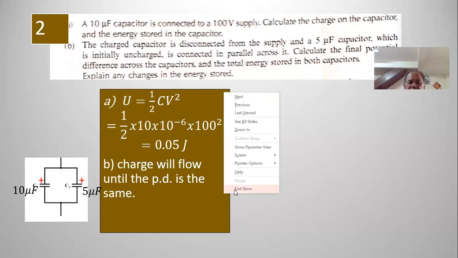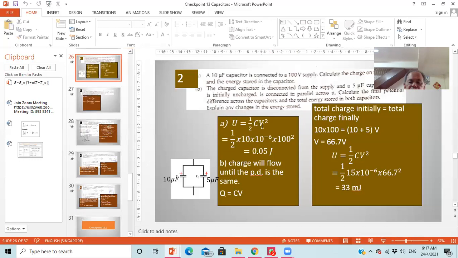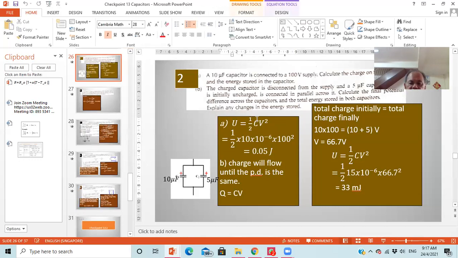Sorry, I did not calculate the charge stored. First thing is to calculate the charge stored.